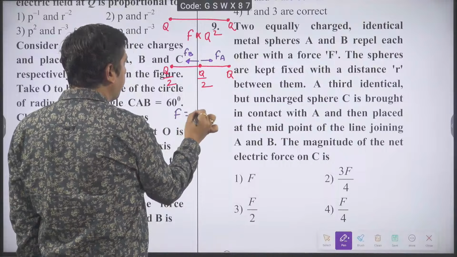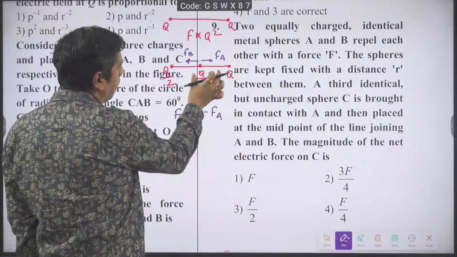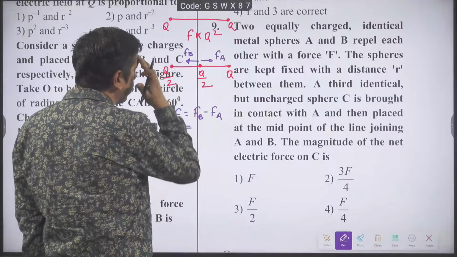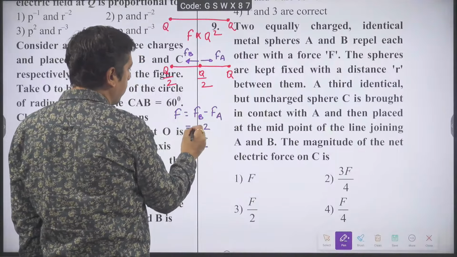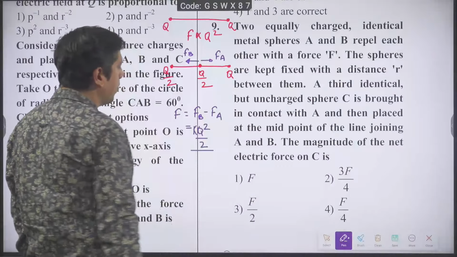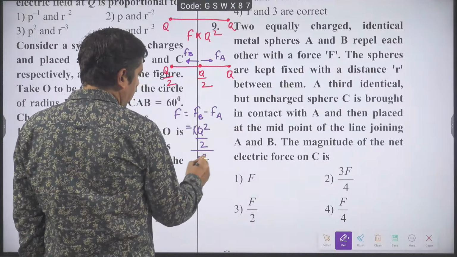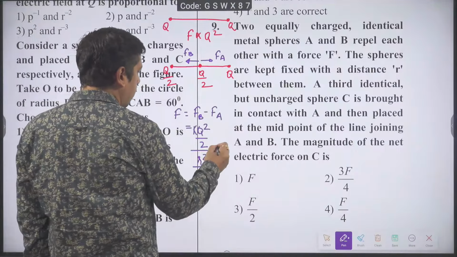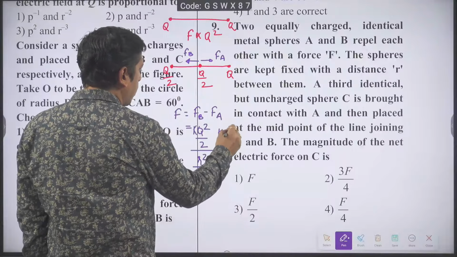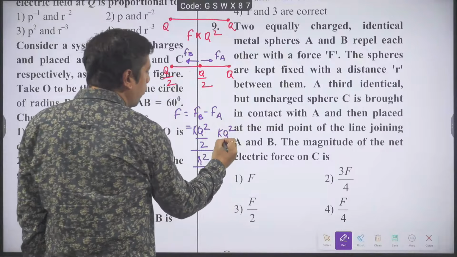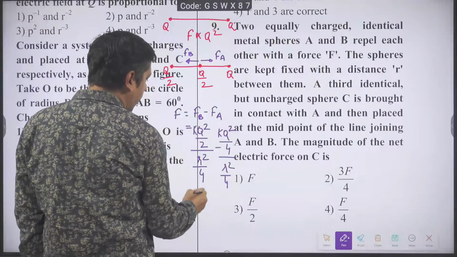So net force will be FB minus FA, which is proportional to K Q squared by 2 divided by R squared by 4, minus K Q by 2 into Q by 2, which is KQ squared by 4, and the distance between them is R by 2, so it will become R squared by 4.